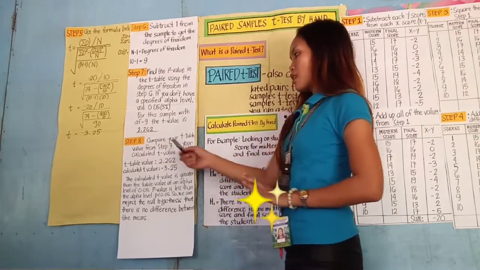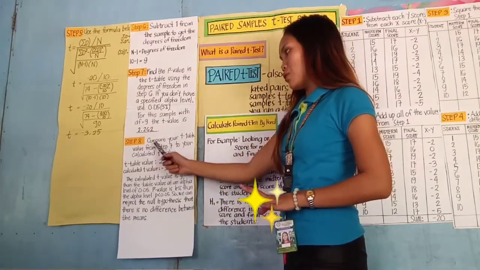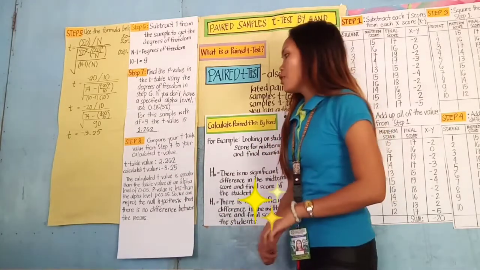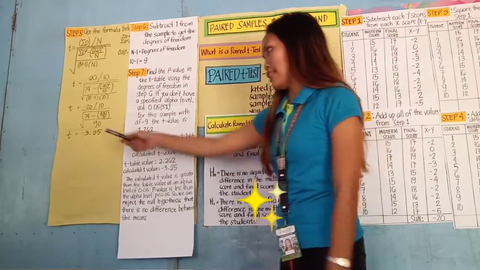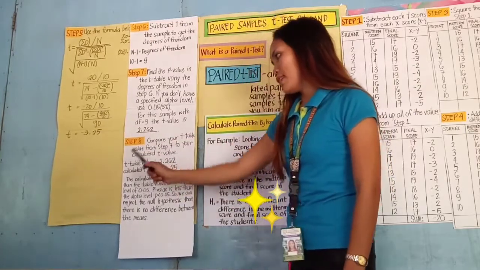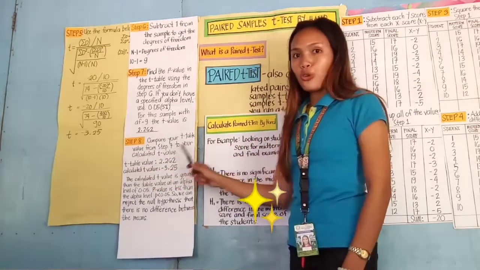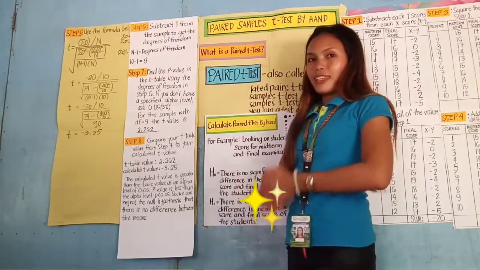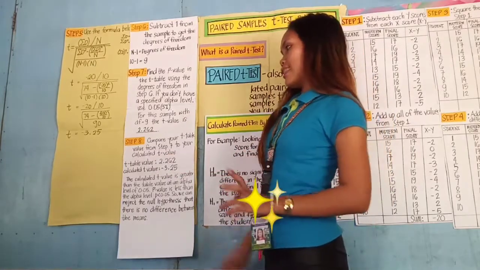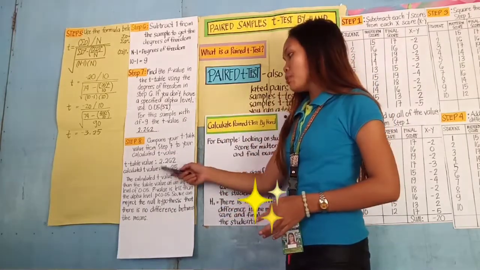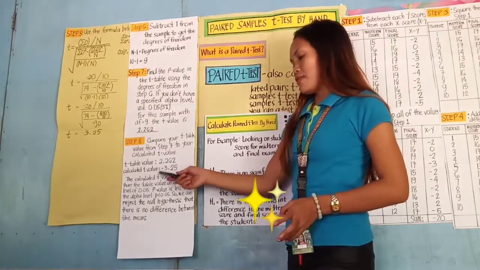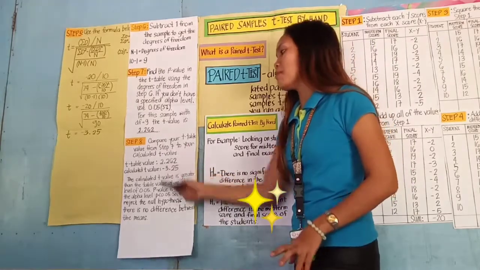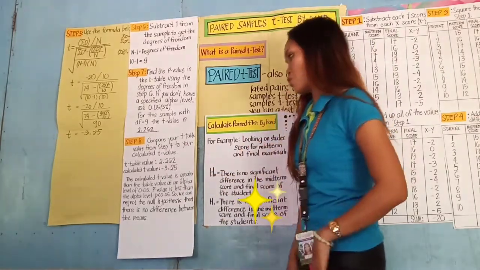Step 8, compare your t-table value from step 7 to your calculated t-value. Our calculated t-value is negative 3.25. Then, our t-table value is 2.262. So, our calculated t-value is greater than the t-table value. Don't mind the sign, whether negative or positive, because we are getting the absolute value of our calculated t-score.